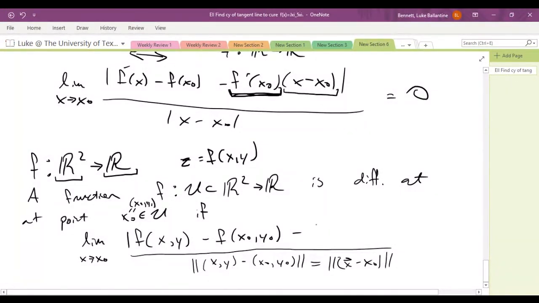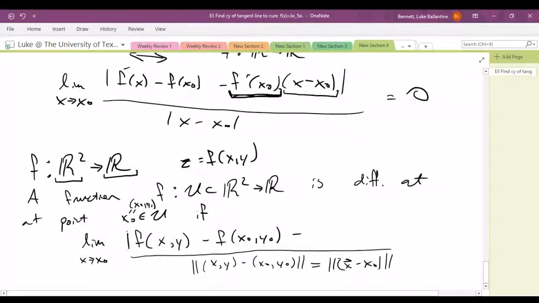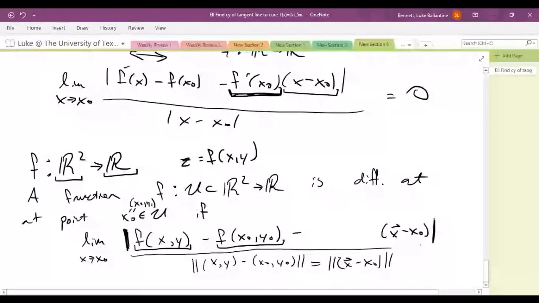And so we'll have some matrix, right? Because to be able to combine this f of x y, which is a number, with this f of x y, which is a number, with this x minus x naught, which is a 2 by 1 matrix, we would need a 1 by 2 matrix.